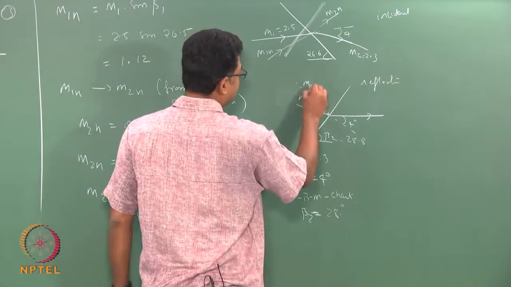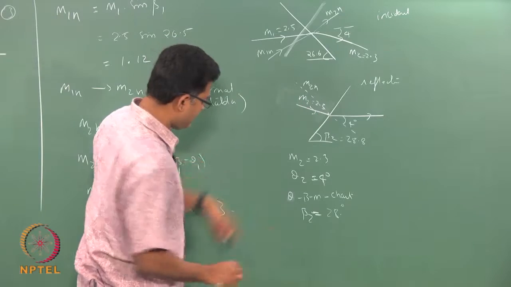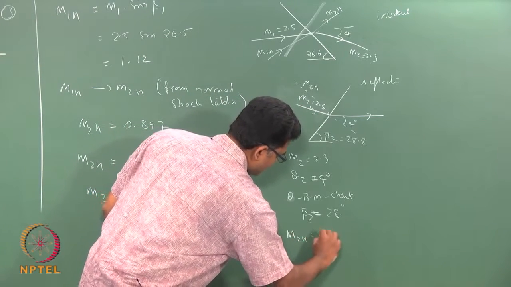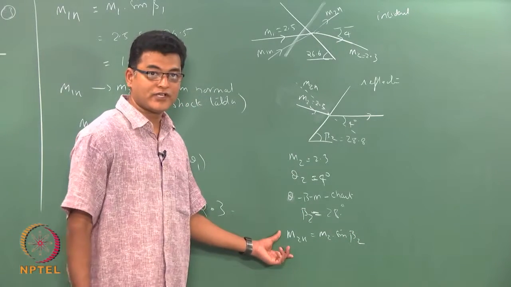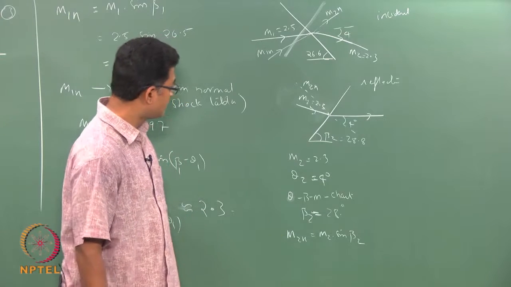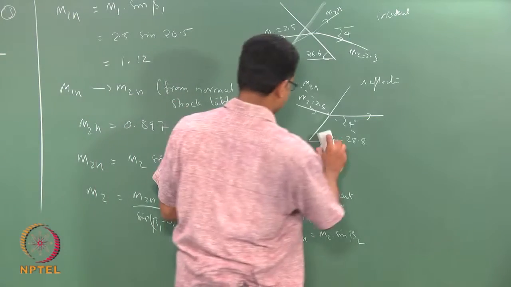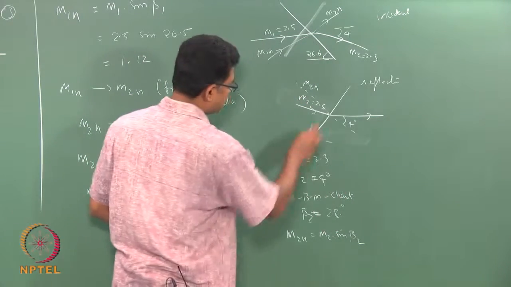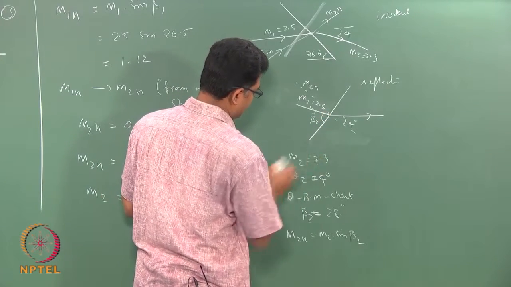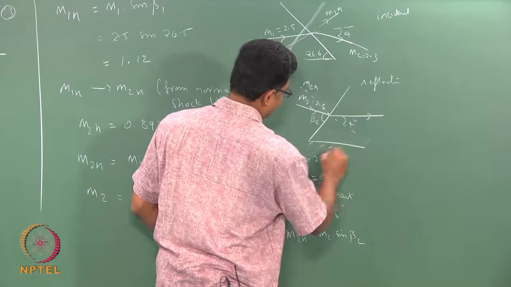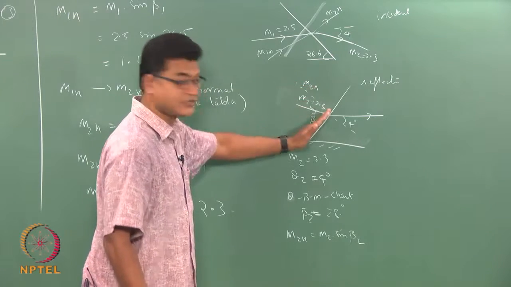So, my M2n that is going to hit the second shock would be M2 into sin beta 2. The angle with which it comes and hits the shock, the angle between the velocity vector and the shock, is your beta 2.